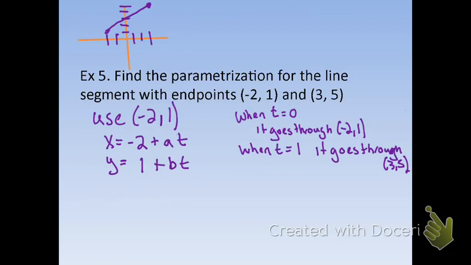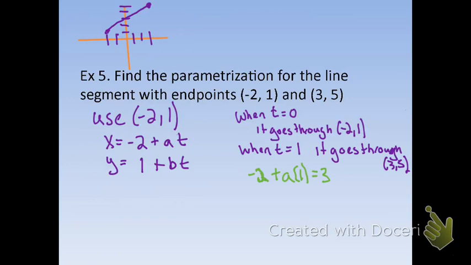Okay, so we see this works because if we put 0 in for t, we need to get the original point. And then now we're going to substitute in 1. Let me change this. I always want to write in different colors. Okay, -2 plus a, substitute 1 in, and we know that equals our x value of 3.